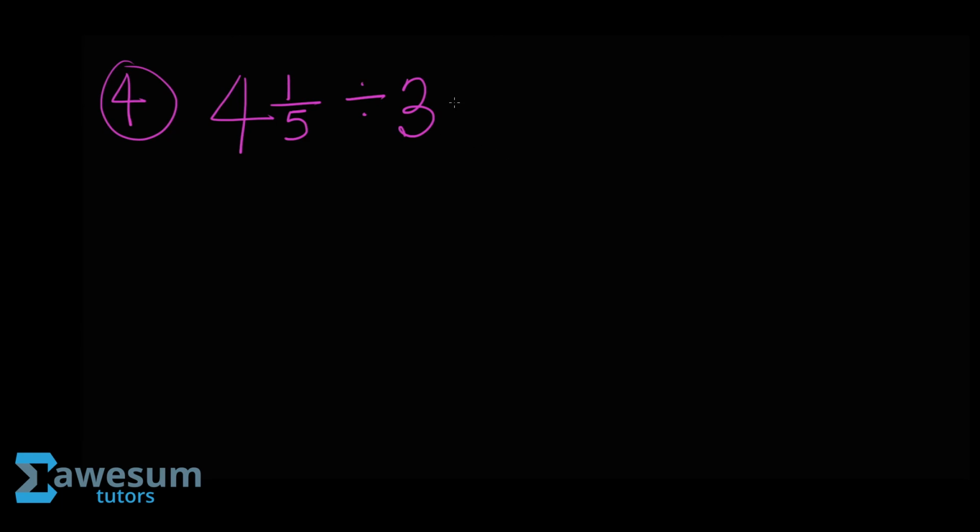The first thing you want to do right here is to rewrite this question. This is a mixed fraction. Convert it to an improper fraction first. This we have dealt with in one of our videos. 4 times 5, 20. 20 plus 1, 21. So that means I'm going to have 21 over 5.